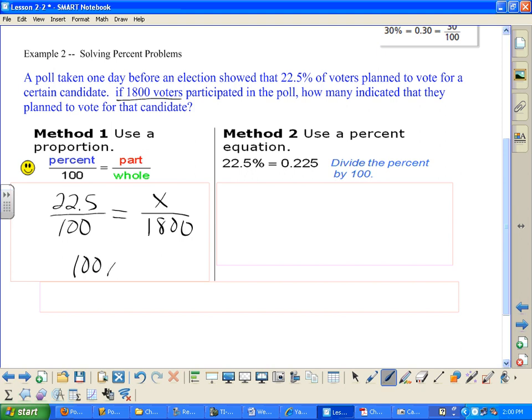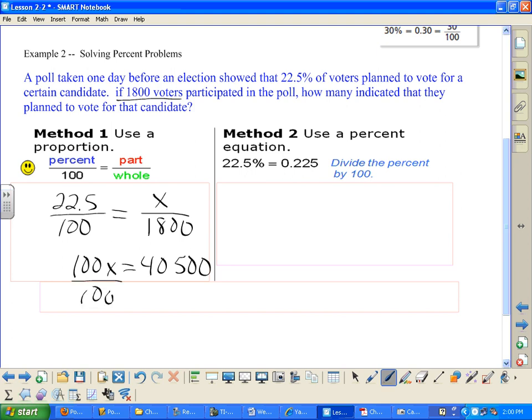So we get 100x equals, what was it? 40,500? Is that right? So 40,500 is the number we get from 22.5 times 1,800.